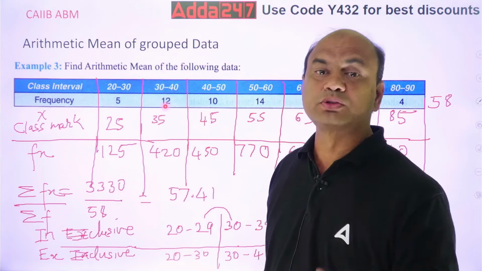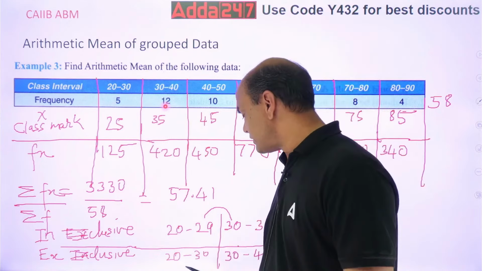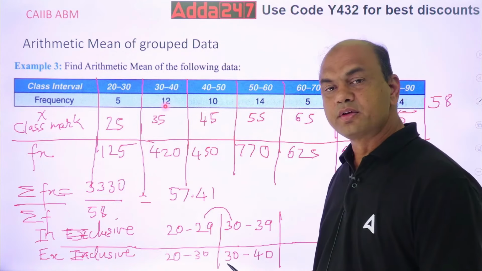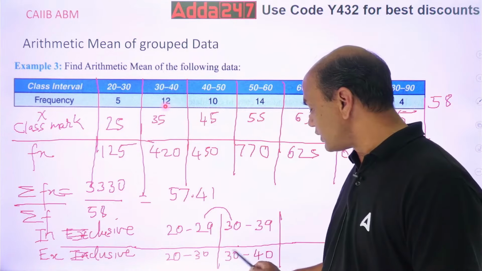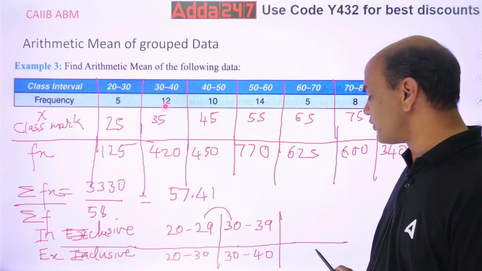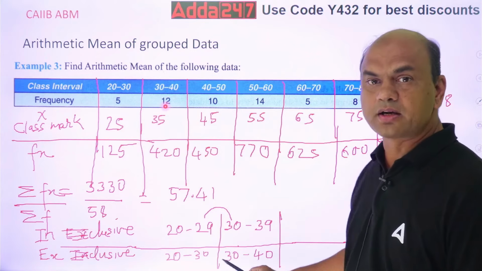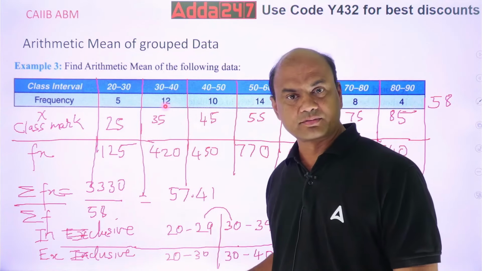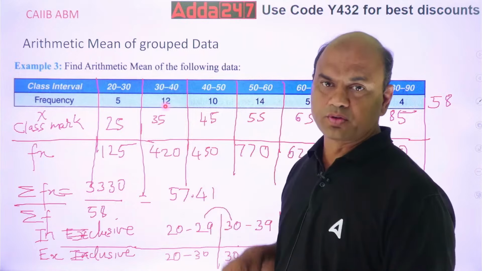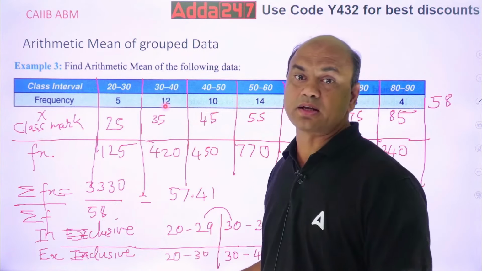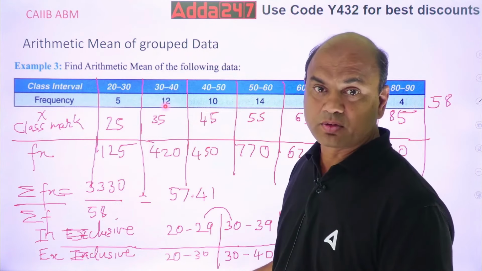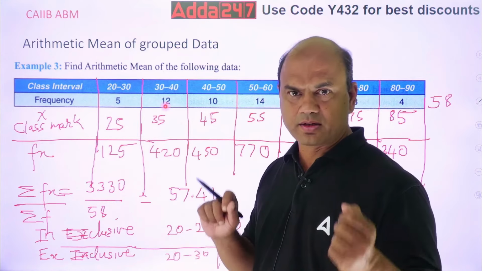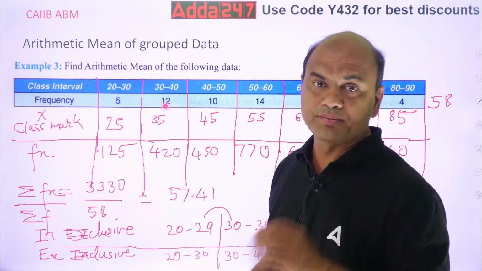Second one is exclusive. Exclusive means the ends are matching. Look at this: 20 to 30, 30 to 40, similarly 40 to 50, 50 to 60. So ends are matching. In this, while taking the elements, you will say, sir, now the elements are 11 here.